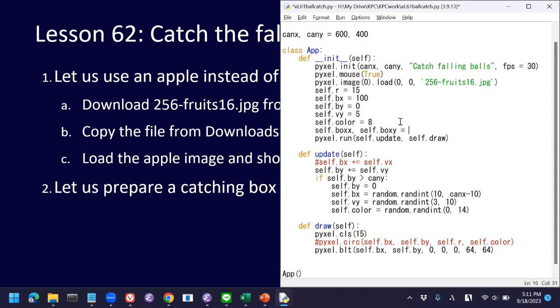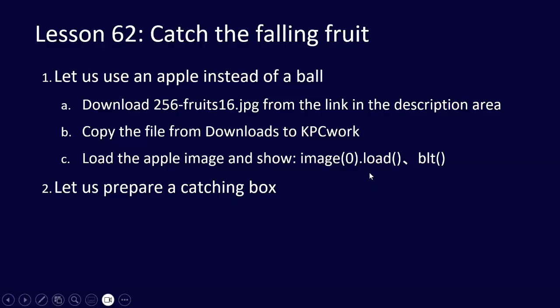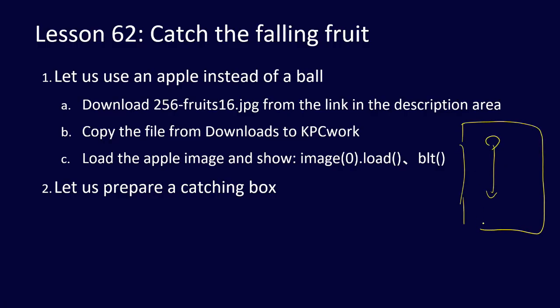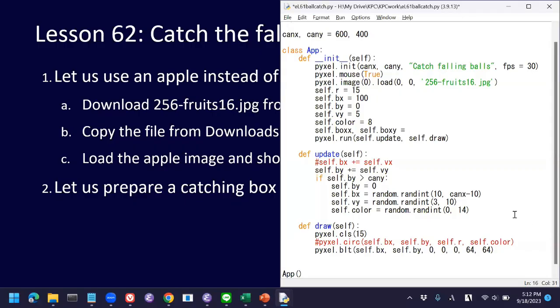Okay, so box X should be something like, where is it? Okay, you know, it should move like this. The area is like this, and fruits are falling, and we will move a board horizontally. Okay, so it's like this.